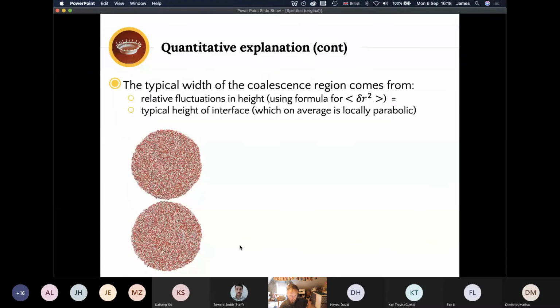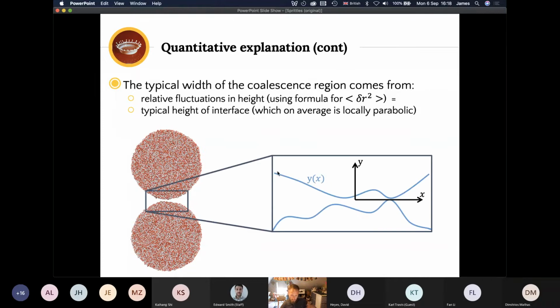And then the argument we made was a rather simple one. We simply said that if we focus in on here, we have some fluctuations and we have a rough estimate for their size, which comes from the variance. And we know the typical height of the interface because locally it's on average parabolic in here. So if we equate these two expressions, we should find over what distance coalescence could possibly occur.